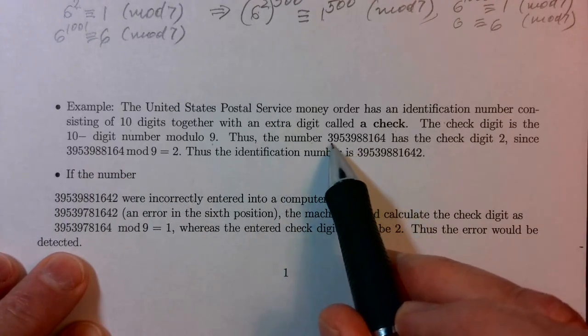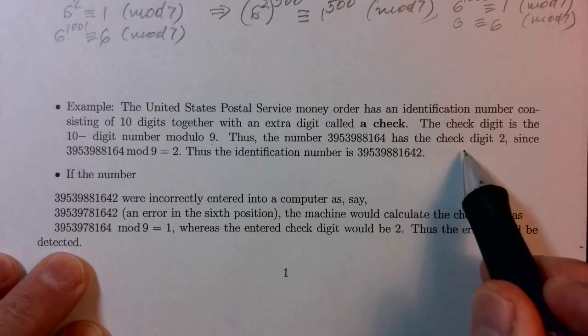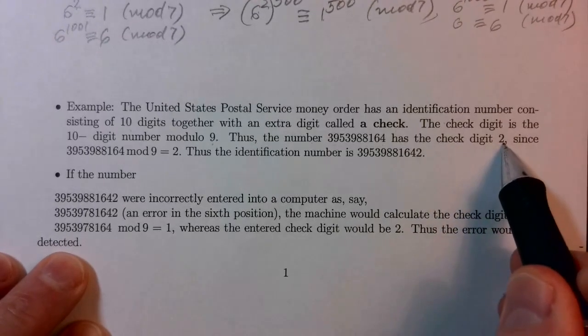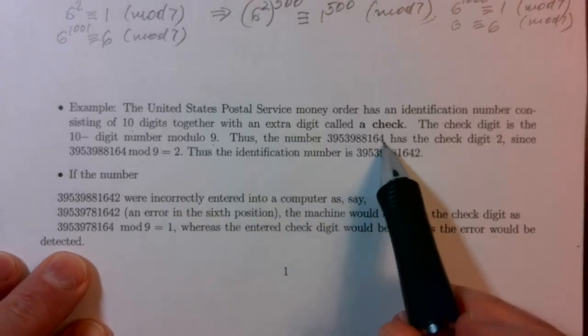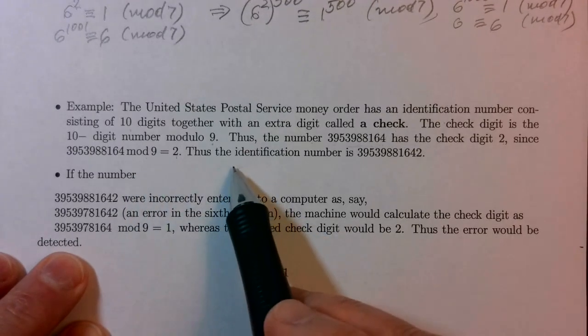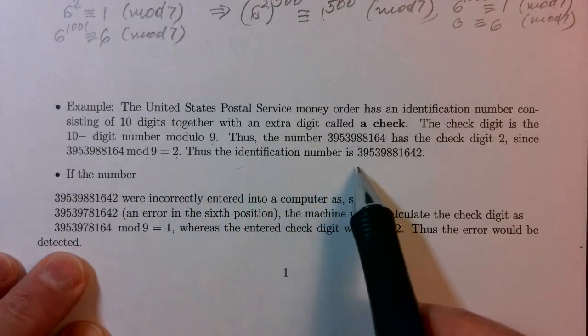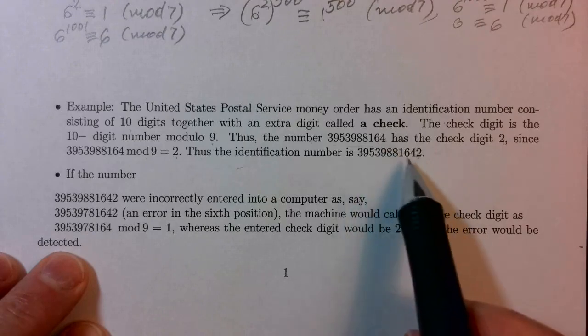For example, this 10-digit number has check digit 2 because if you take this number mod 9, you'll get 2. So the check number is 2. We write that 2 at the end.